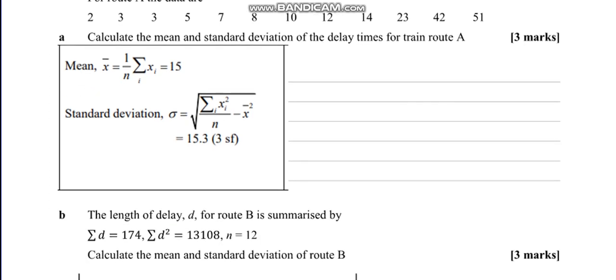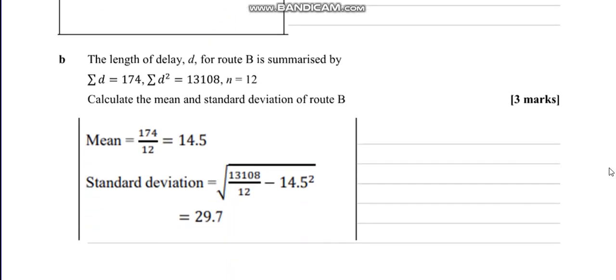On part B, you were given some statistics, okay, and you were asked to find the mean and the standard deviation. So the mean is adding all the values up, dividing by how many there are. So adding them all up is the 174. N was how many there are, so the mean is 174 divided by 12.